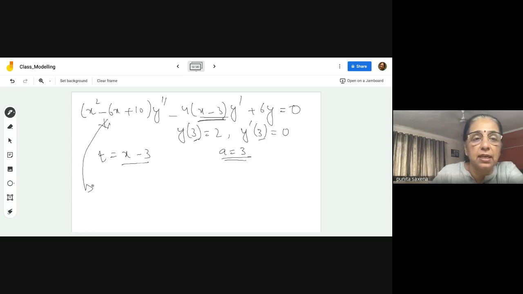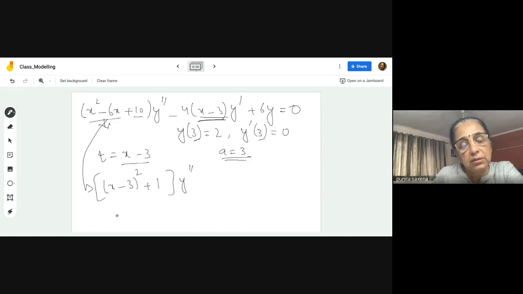It says x square minus 6x, so definitely it has to do something with (x minus 3) whole square. But then I have a plus 10 here. So this is actually nothing but this y double dash, minus 4(x minus 3) y dash plus 6y equal to 0.